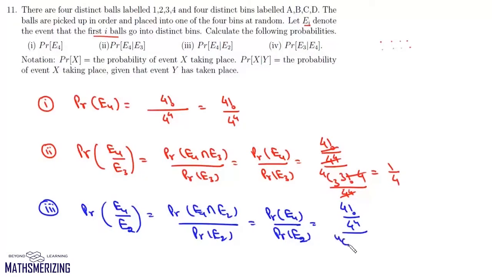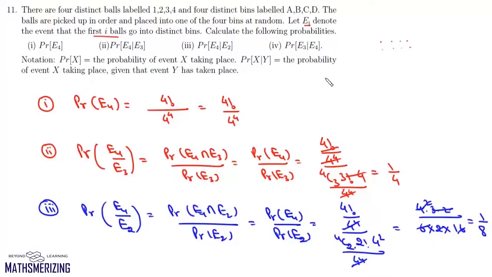So it will be 4C2 into factorial 2, and then for the remaining two balls it will be 4 square, upon 4 to the power 4. Here this 4 to the power 4 will cancel. So we can write this as 4 into 3 into 2, and here will be 6 into 2 into 16. So this 6 will cancel, 2 will cancel, and this is simply 1 by 8. The probability of E4 given E2 is 1 by 8.